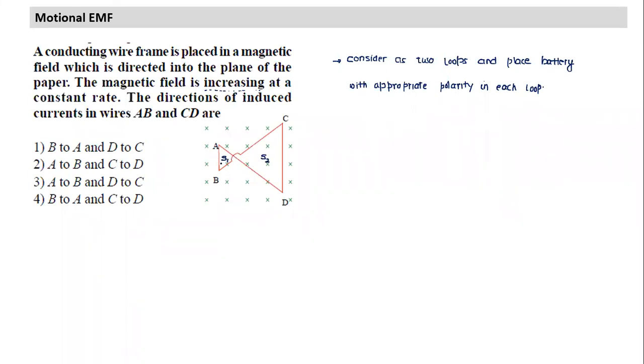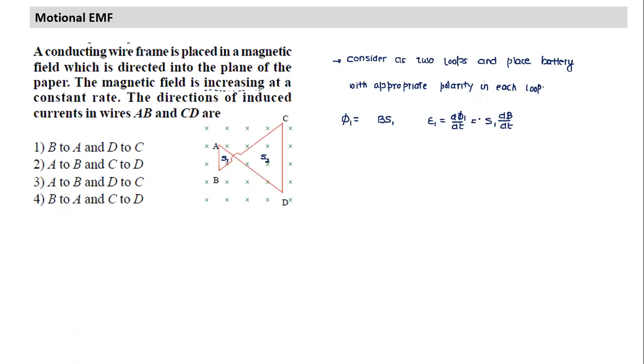So I have taken the left loop. That's why I'm taking two different loops here. The area is constant, so dB by dt is constant. What would be the value of flux phi1 in the left loop? It will be equal to BS1, so EMF E1 will be equal to d phi1 by dt, which will be equal to area into dB by dt.